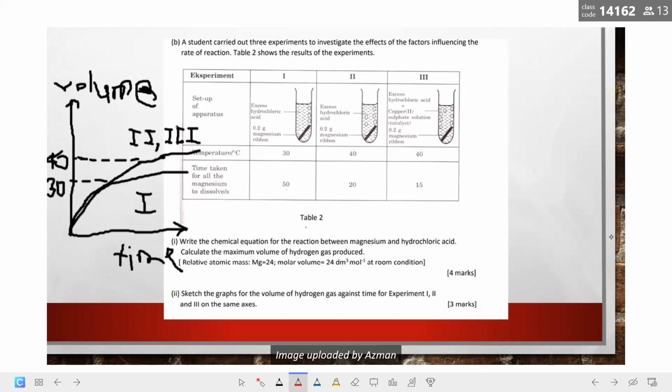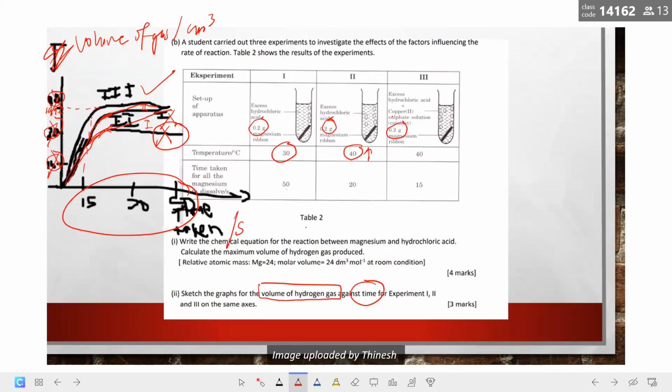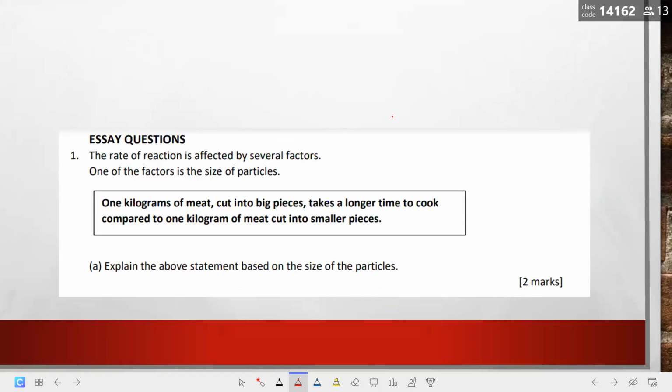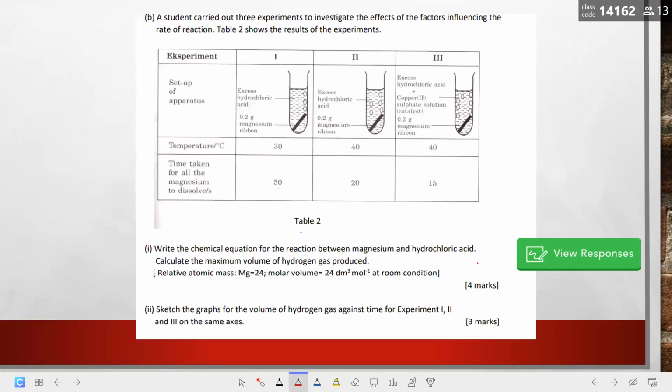Okay, this one is from Azman. Azman, is this my temperature also? You don't need to put temperature. Actually experiment 1, experiment 2, experiment 3, they all have 0.2 grams. If you remember just now very clearly, when teacher did the first experiment here, they got 199.2 centimeter cube.